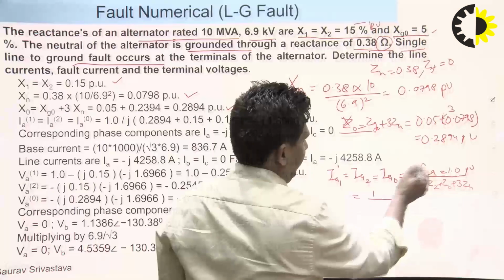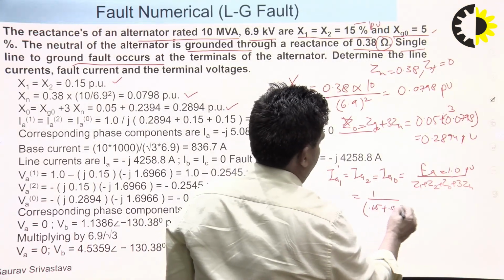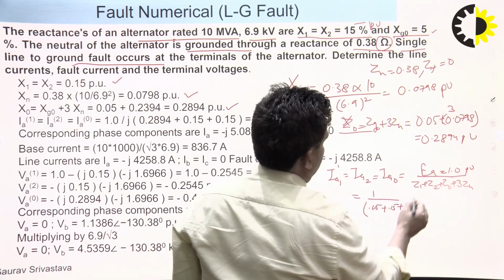So 1 divided by the sum of the values 0.15 plus 0.15 plus Z0.